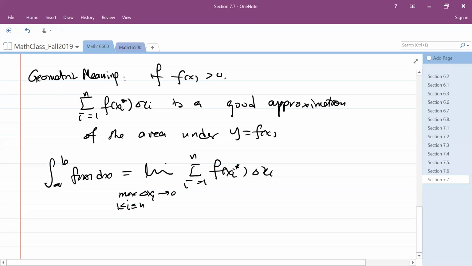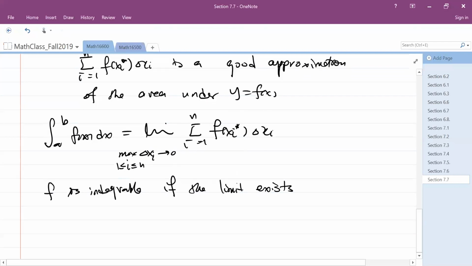So if this limit exists, then we say the function is integrable. So f is integrable if the limit exists. Okay. I'm not going to go into details of how to define the limit of such complicated Riemann sums.